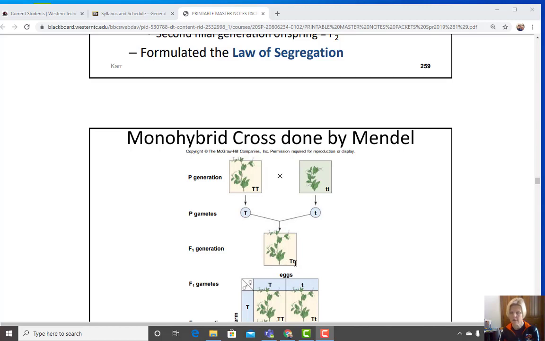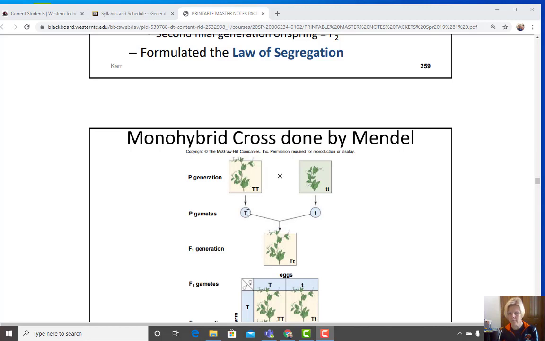So even though they carry that recessive allele for being a short plant, all the plants are tall because they have this big T dominant allele. So this is the F1 generation, and every offspring of these parents will always be heterozygous, and they will look like a tall plant because they have that big T allele that they inherited from this parent.